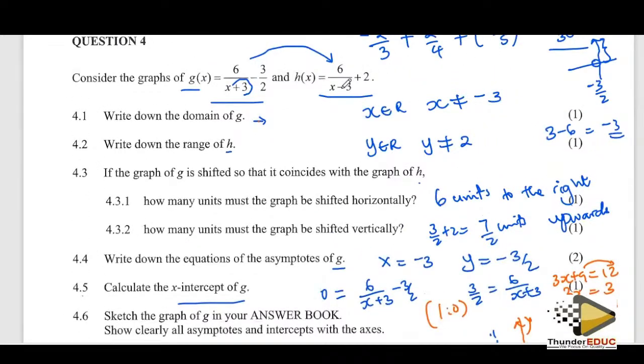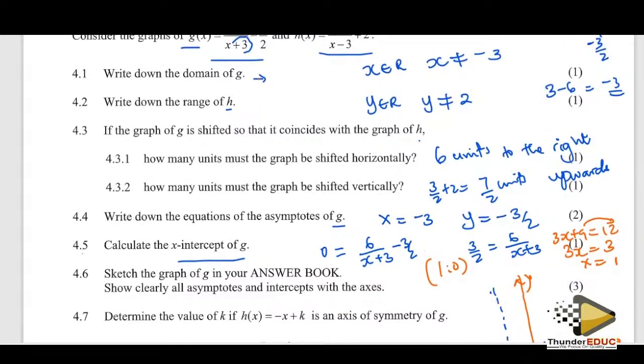That's a 0, is going to be, so that is 6 over -3, but I'm subtracting 3 over 2. I'm getting -3. Wow. That's making sense.